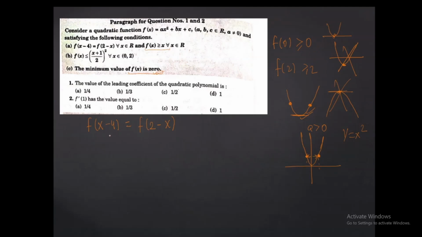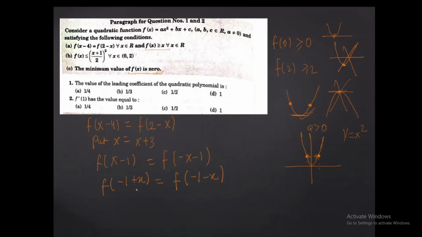Okay. So now, let's put x equal to x plus 3. What we will get is f of x minus 1 equals f of minus x minus 1. And if you see it carefully, it will be f of minus 1 plus x equals f of minus 1 minus x.